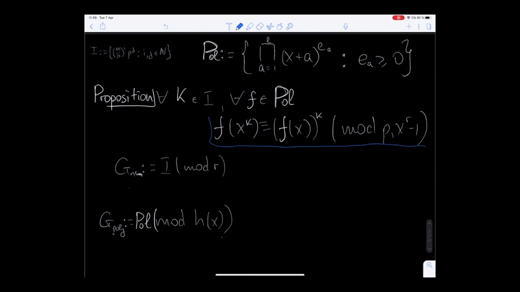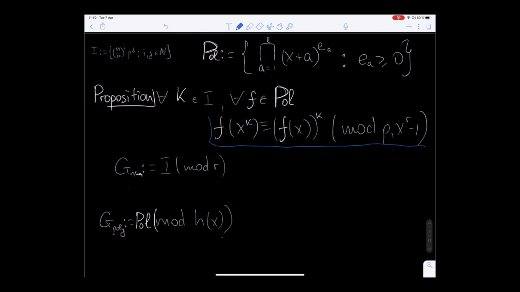Okay, so this actually brings us to the definition of two main objects for the proof. The certain group of numbers, which is just I modulo r, and a certain group of polynomials that I'll talk about in a second. So what about I modulo r? What do we know?